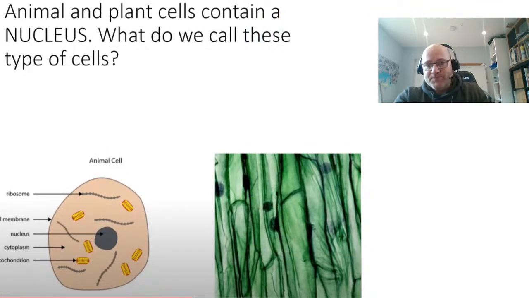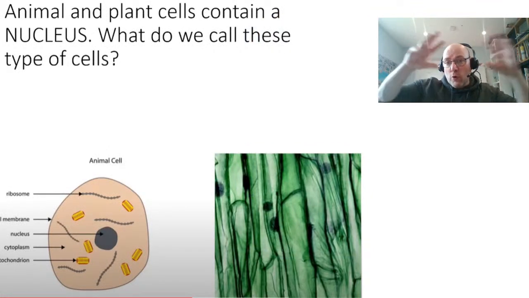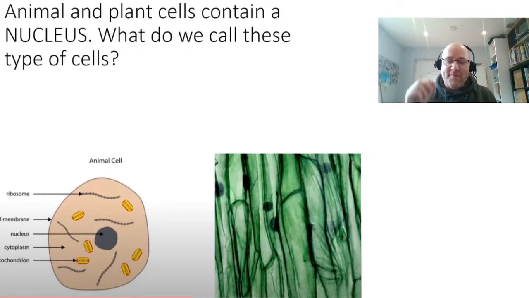Right, now, we can split all cells on the whole of the Earth. Every single cell on the Earth we can split into two camps. One, which have a nucleus: fungi, plants, animals, and protoctists or protists all have a nucleus. They have a special name. And then there's one other group, the bacteria, that don't have a nucleus.